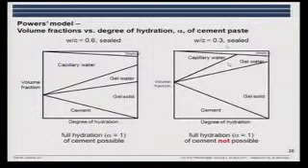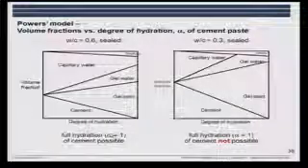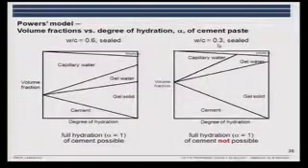First we can see that it's possible to use all the cement. It may take some time if the cement grains are large or if we have a lot of belite, but it's possible. If we have water-cement ratio 0.3, at a certain time, we have no more water.